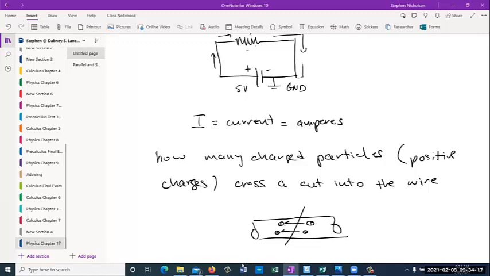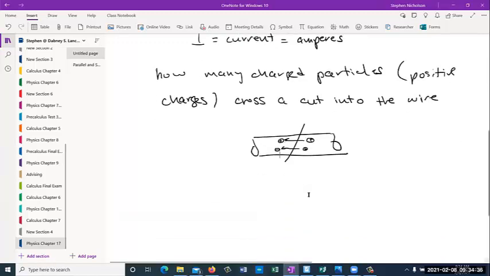If you think of these as electrons, each charge passing this plane would be 1.6 times 10 to the minus 19th coulombs. And all those positive or negative charges passing this add up to a certain amount of coulombs. So how many charged particles cross a cut in the wire per unit time?